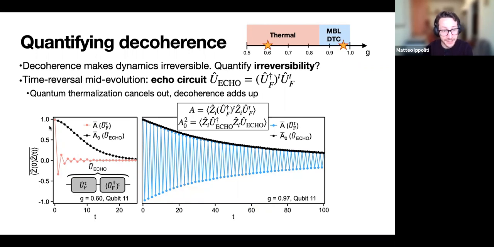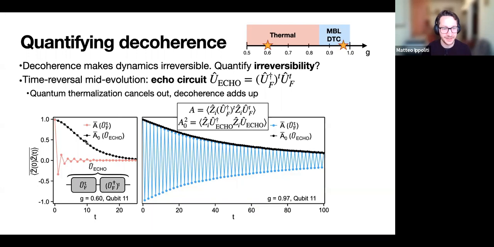if you look at these black curves, you'll notice that they are different between different points of parameter space. So in the thermalizing side, this curve is decaying more quickly than in the localized side. So this measurement is not just measuring single qubit or 2 qubit noise parameters, but is really sensitive to the interfacing of single qubit noise with many-body dynamics.